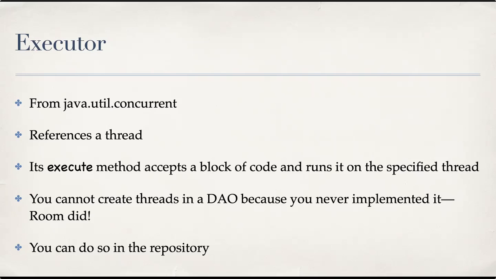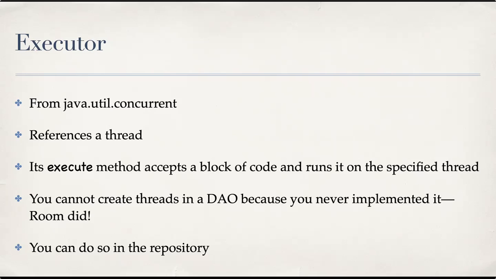Executor comes from java.util.concurrent, and it basically references and accesses a thread. Executor has an execute method which accepts a block of code which will be executed, as the name suggests, on the appropriate thread this instance of executor was created with. We'll see an example in a second if it's getting too vague at this point.